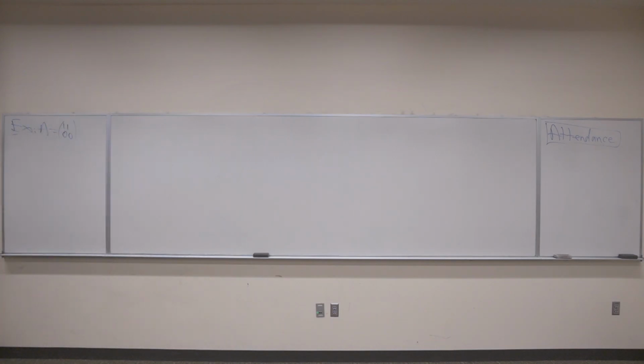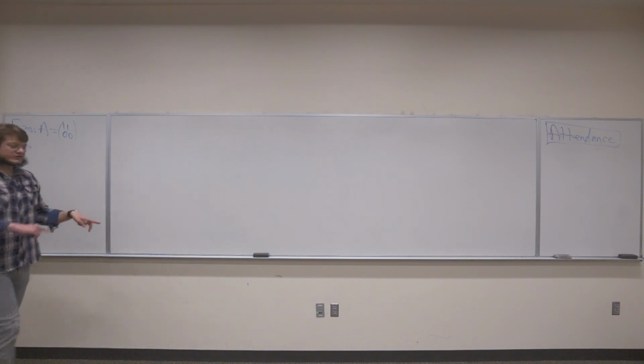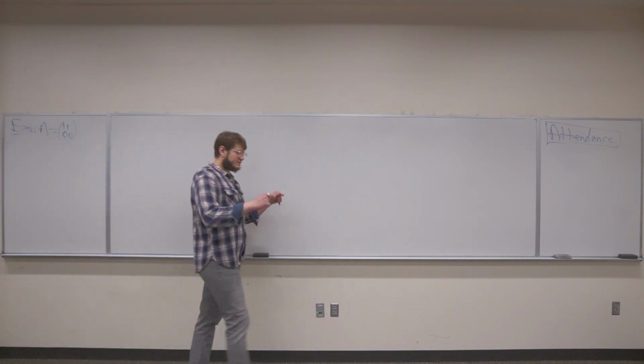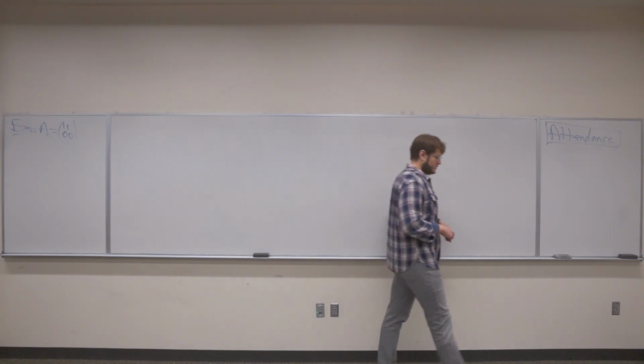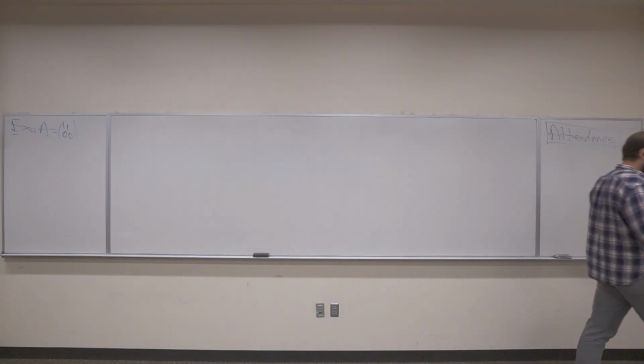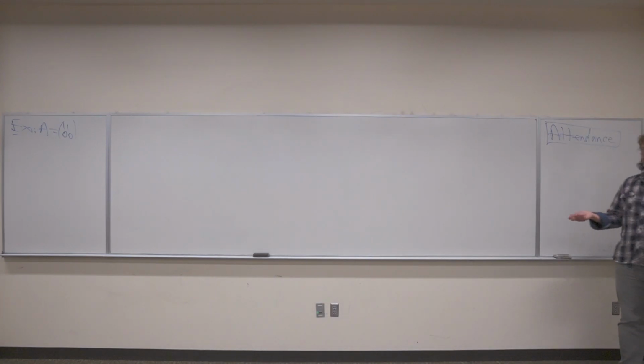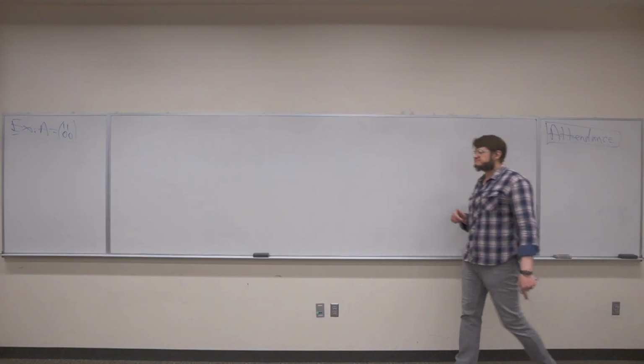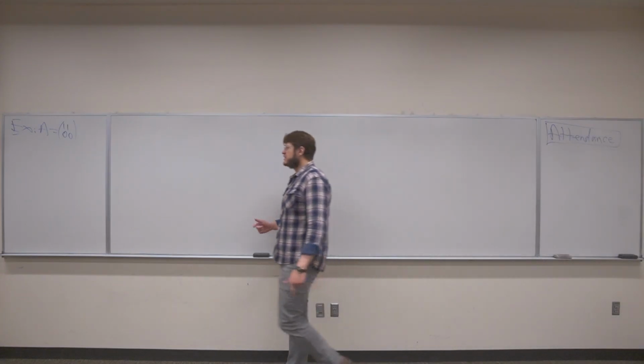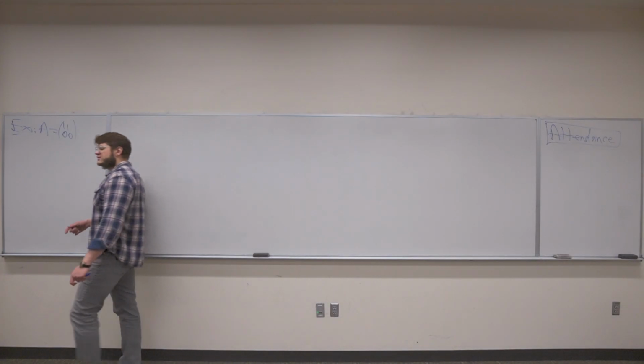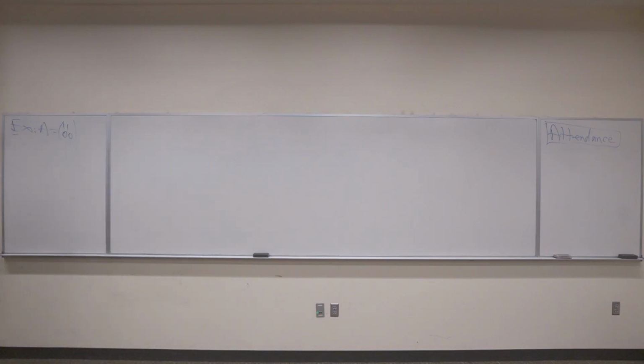I wanted to relate the null space and column space of A to the null space and column space of A transpose somehow. And so I said transposes have to do with the perp operation. This is going to lead us to the second version of the fundamental theorem of linear algebra.